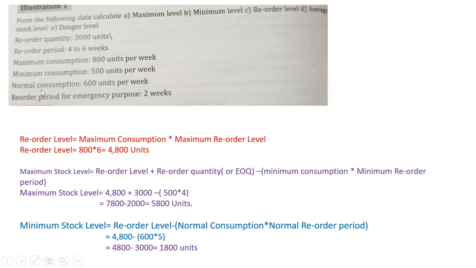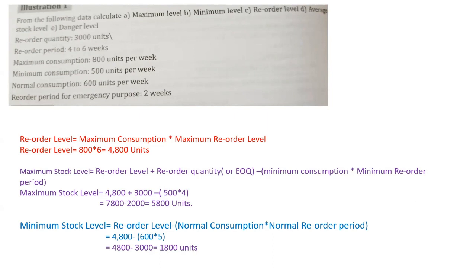But here they have mentioned normal consumption is 600 units. So 4,800 we have calculated, minus 600 into how much is the normal period? They haven't mentioned that. So 4 plus 5 divided by 2, that is 5, right? So the minimum stock level is 1,800 units.